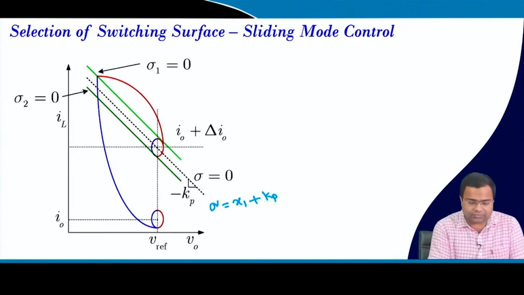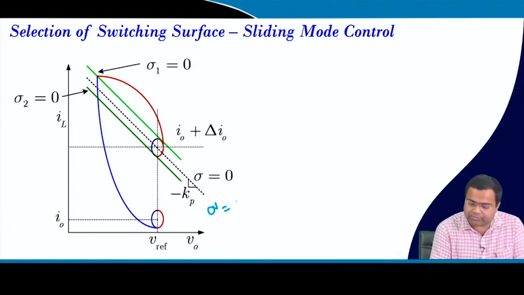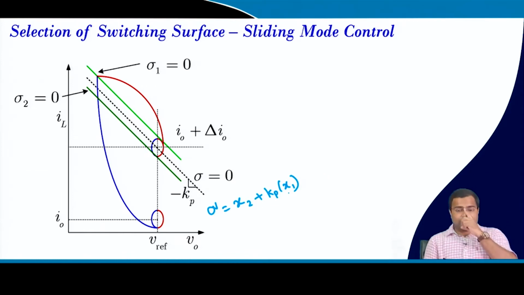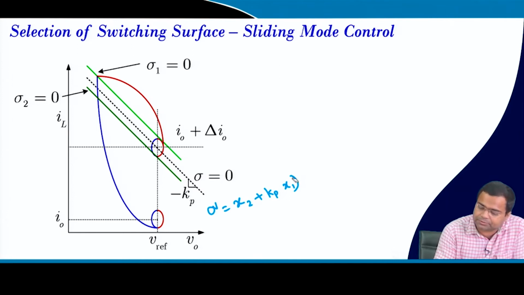Okay. So, I am sorry, it should be sigma will be x2 plus Kp into x1, right, Kp into x1. So, no bracket here, and this should be equal to 0.